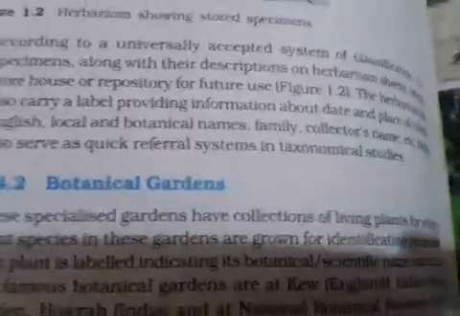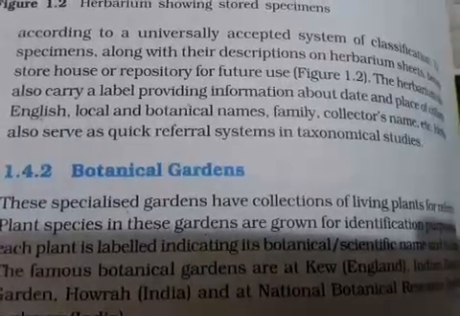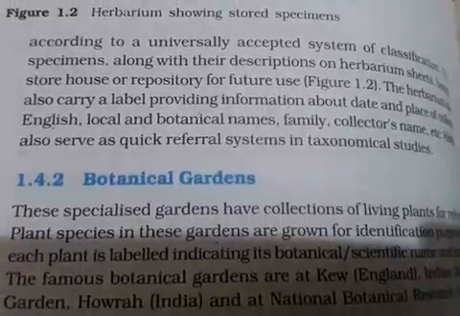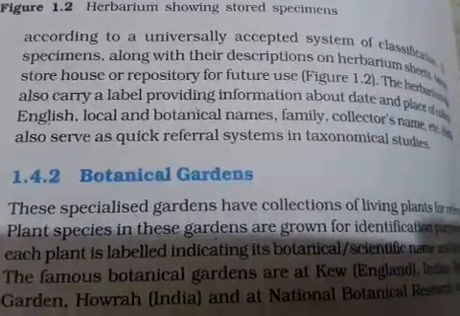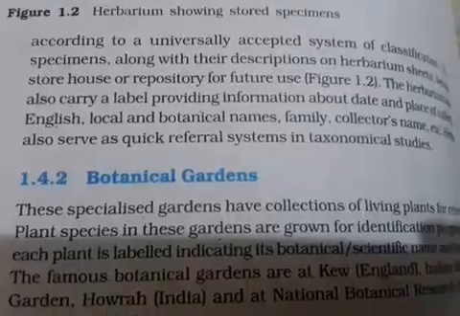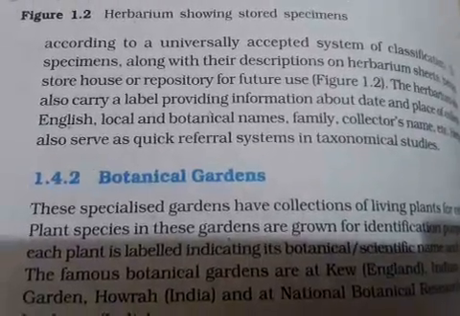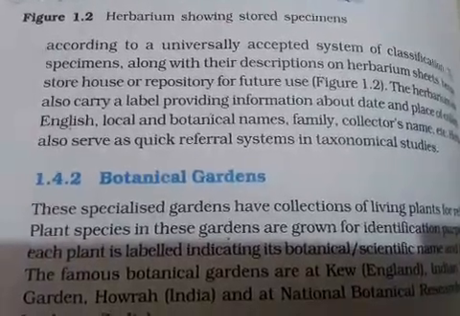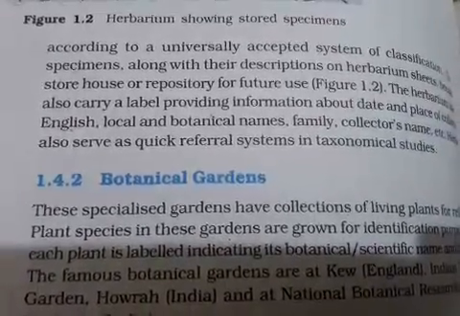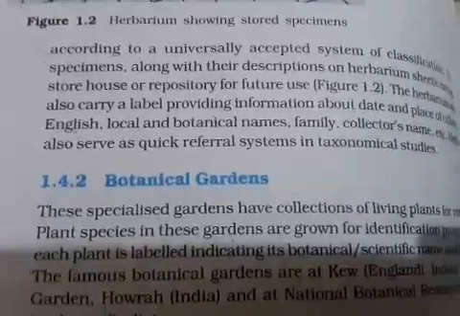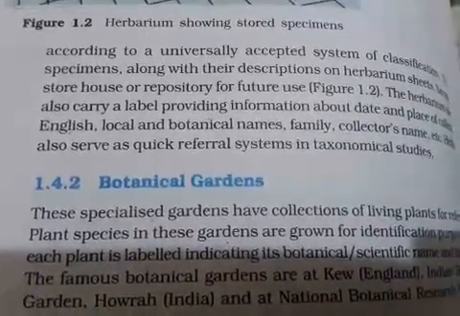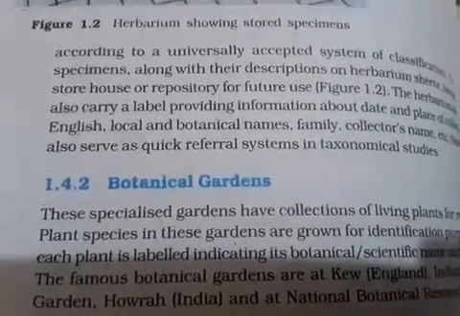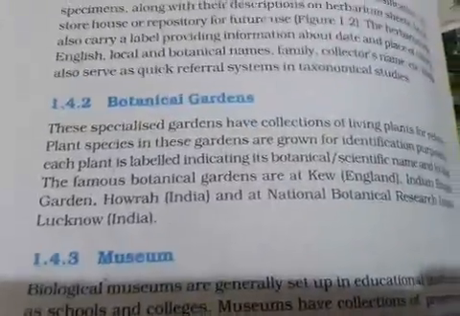Then they are labeled with where they were collected, their botanical name, local name, who collected the specimen, the date of collection, and the place of collection. These details make it easy for the next observer to collect data again, and we can also decide whether this is a new specimen or not.